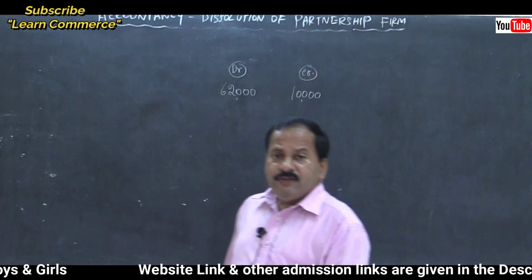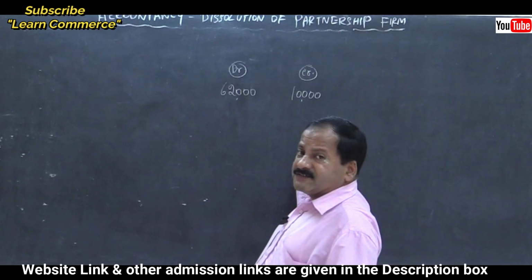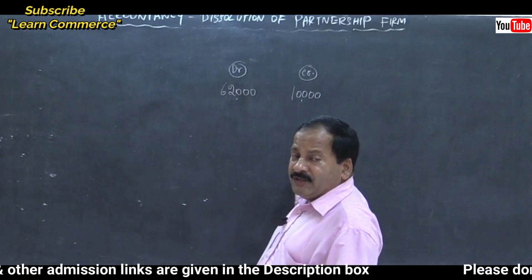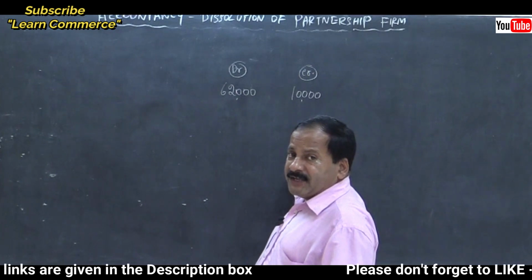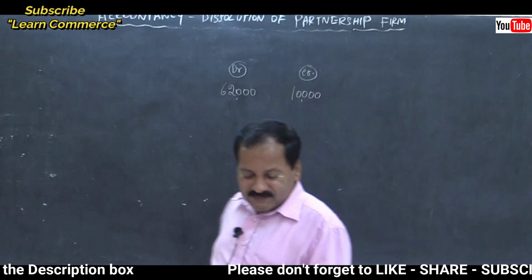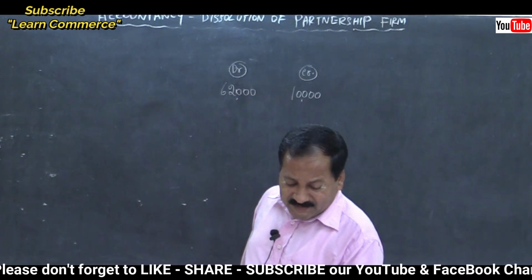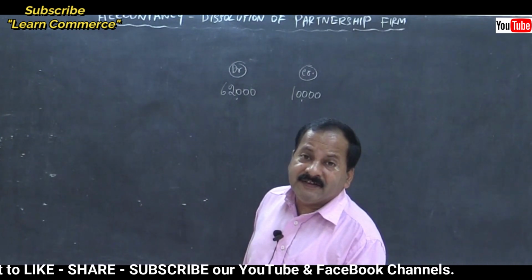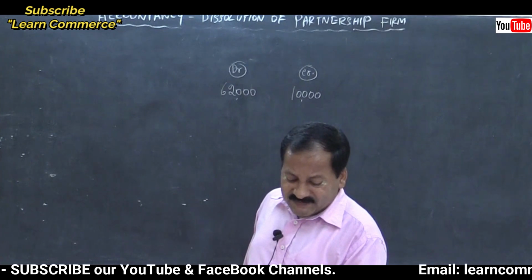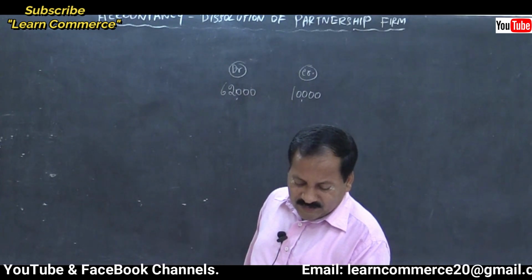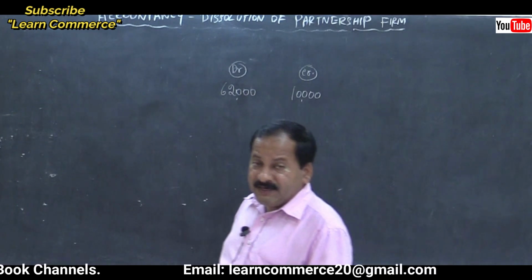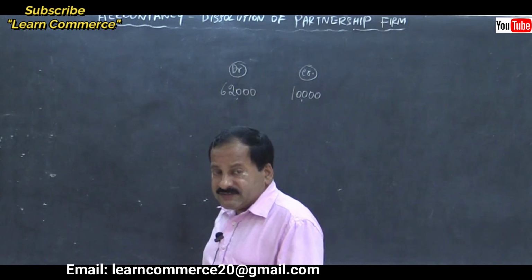So you have to pass entry on the credit side by Sonu's capital account, machinery taken over. Write the value 40,000. Then what he did? Agreed to pay bills payable at a discount of 5%. Bills payable amount is how much? Refer the balance sheet, 32,000 into 5%, 1,600 it will come.